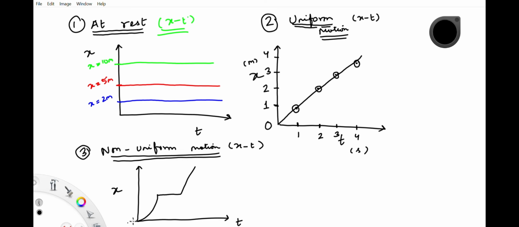So if you see the motion of this object in intervals from OA to AB and to BC, the motion of this object is not uniform, because in the interval OA it is increasing non-linearly, right? In between the points A and B, the object is in a state of rest, its position is not changing with respect to time, and beyond B, the position changes linearly.